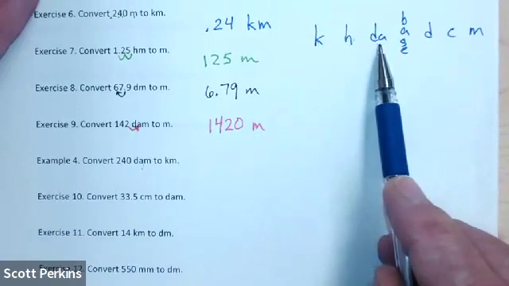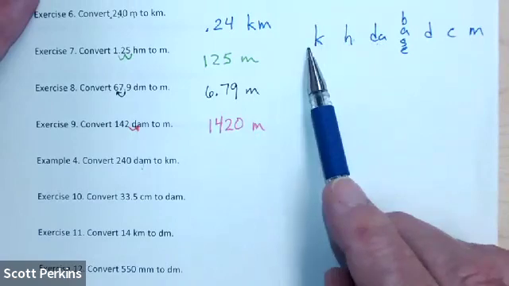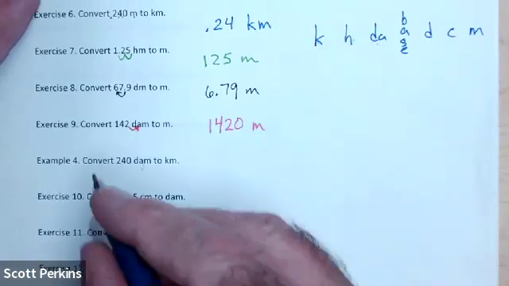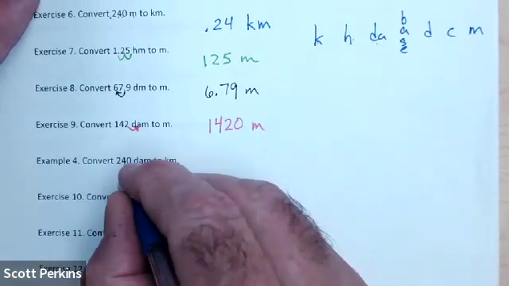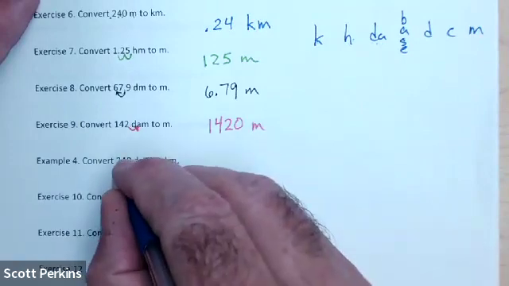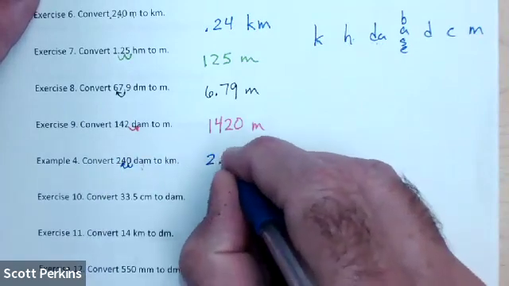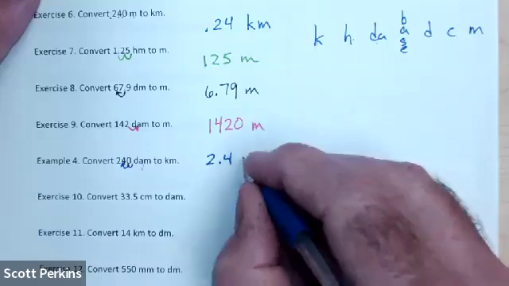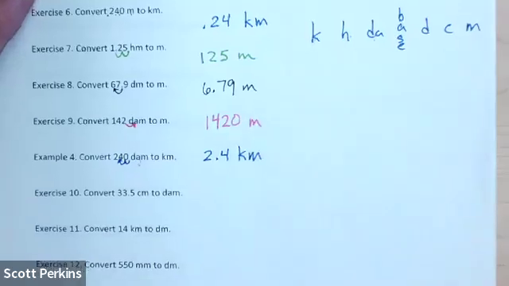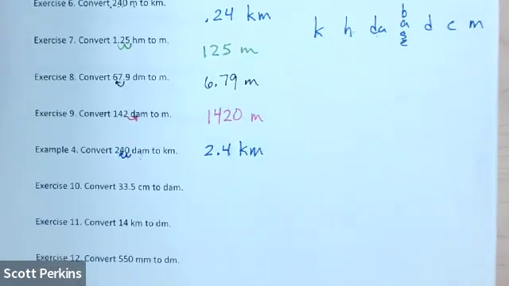To the left, 1, 2, to the left. So I'm going to take the decimal and I'm going to move it 1, 2 to the left, and that's going to be 2.4 or 2.40 kilometers. All right, convert 33.5 centimeters to decameters, please.